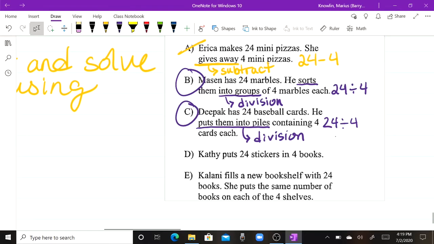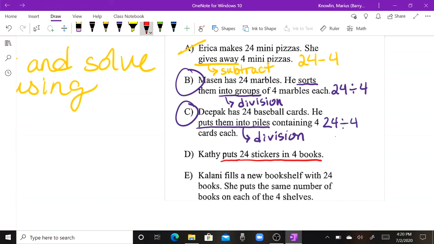It says Kathy puts 24 stickers in 4 books. Well, does it say how many stickers she's putting in each book? Or is it just telling us that, hey, she's taking this total and she's just putting these 24 stickers in 4 books?